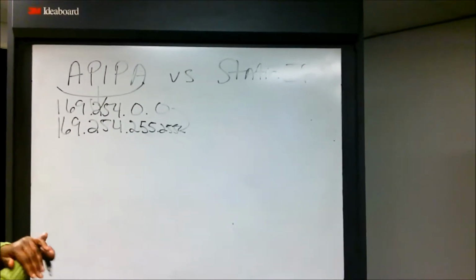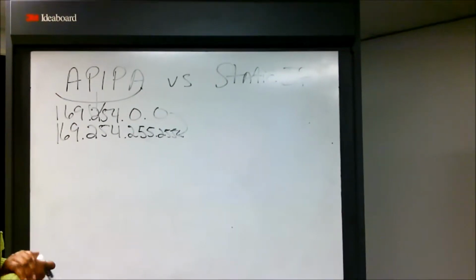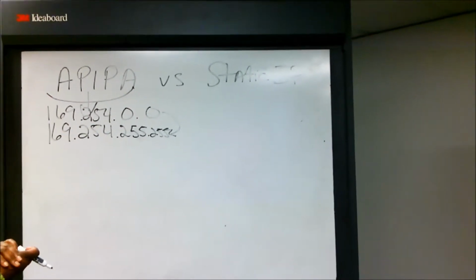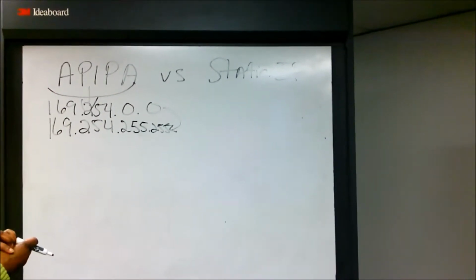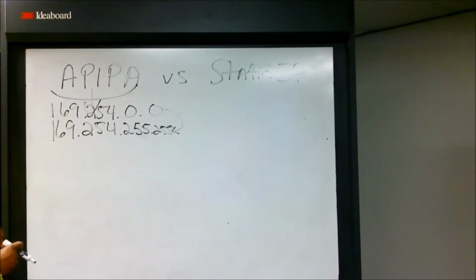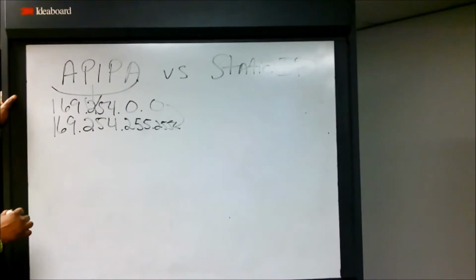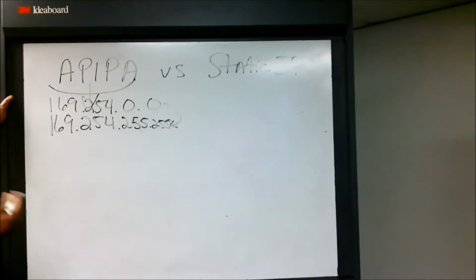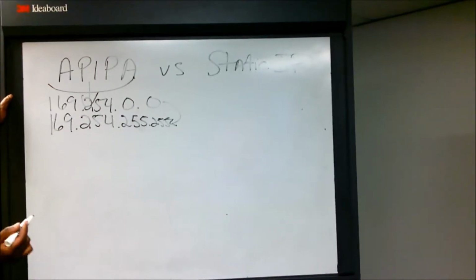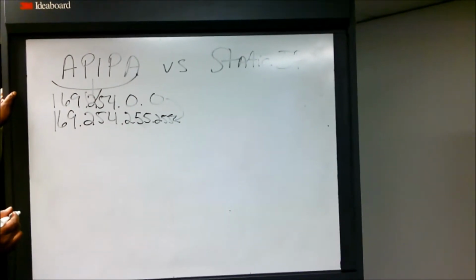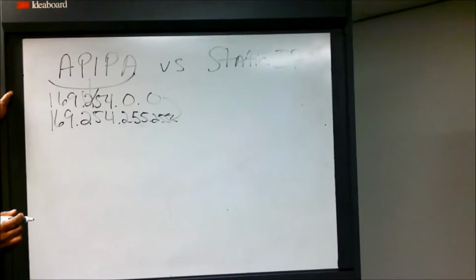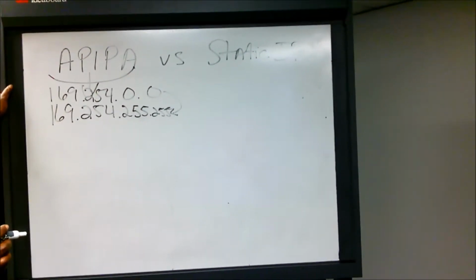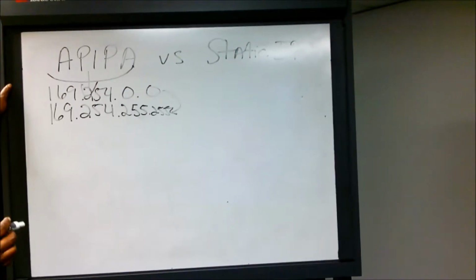Okay, talking about APIPA versus static IP addressing. APIPA stands for Automatic Private IP Addressing. When a Windows client is connected to a DHCP server, DHCP issues an address that has been reserved in a pool.